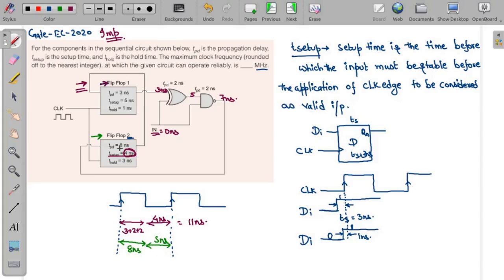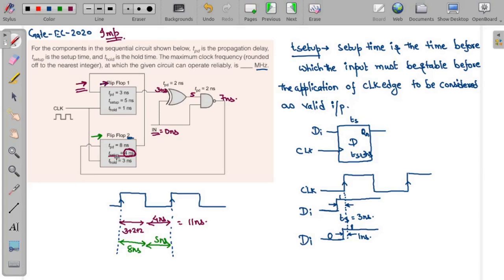What I am trying to explain is, if I start from flip flop 2, the output transition will take place for these 8 nanoseconds, because the output is previously getting ready. Here we are not taking the concept of setup time when starting from the flip flop, because the output has already been stabilized.